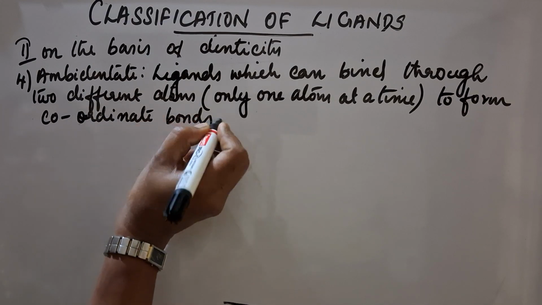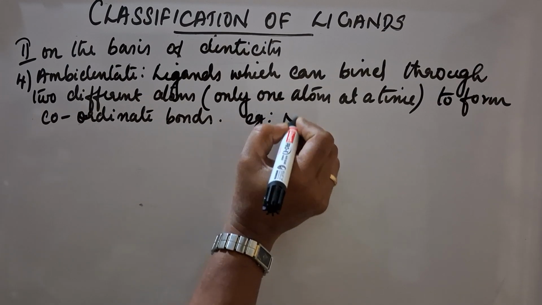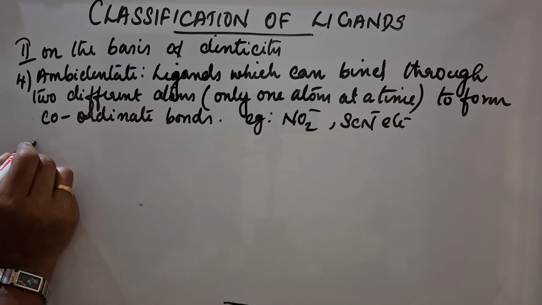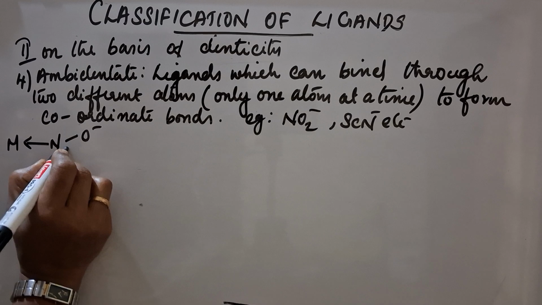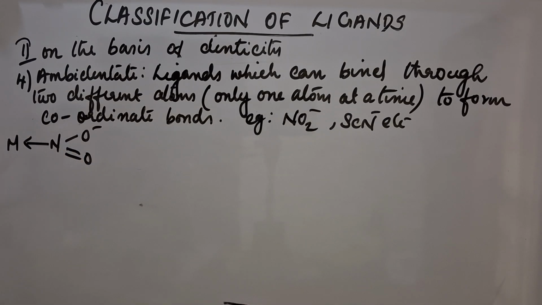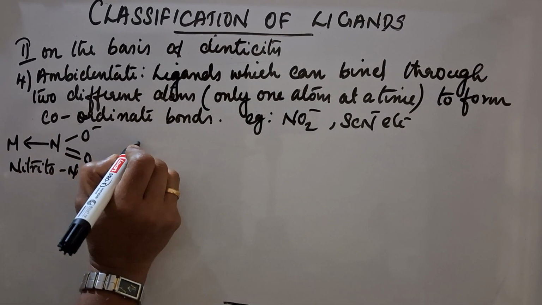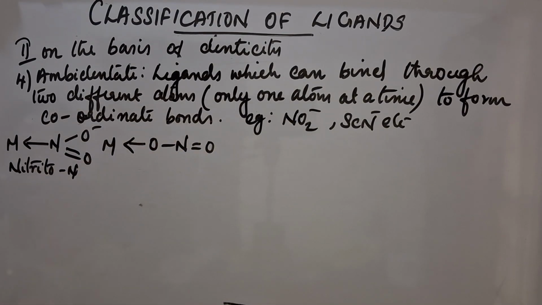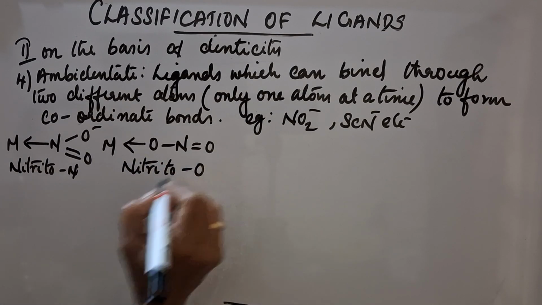See examples: NO2 minus and SCN minus. In the first case, the coordinate bond is formed from the nitrogen atom. This is called nitrito-N. In the second case, nitrito-O, the coordinate bond is formed from the oxygen atom.